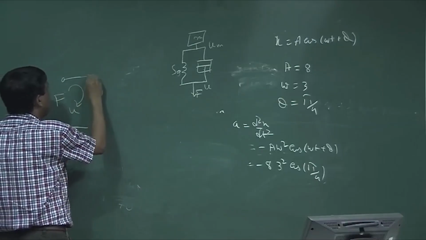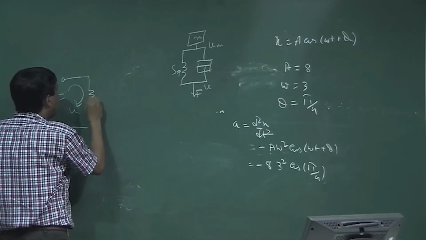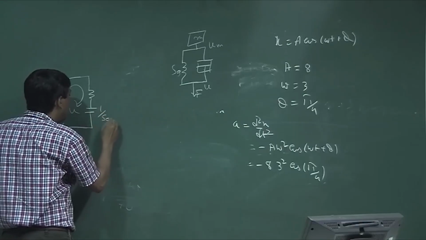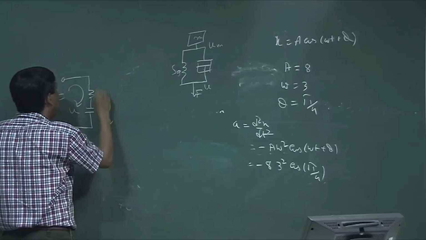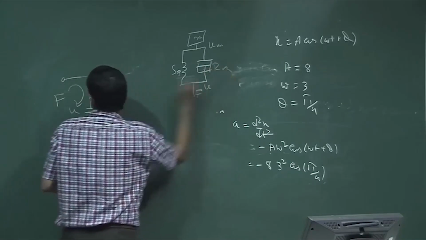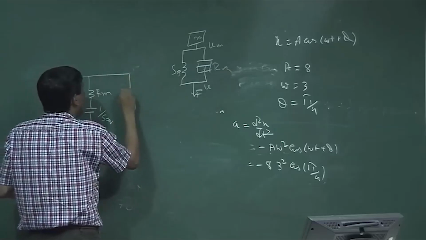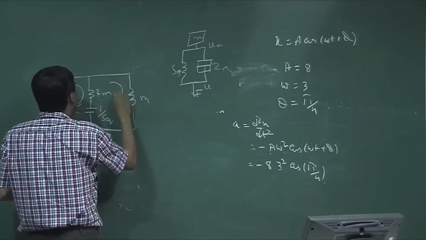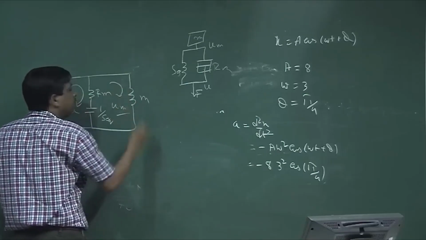So, u is nothing but a resistance Rm, plus 1 by S equivalent, and then there will be an inductance which is M.